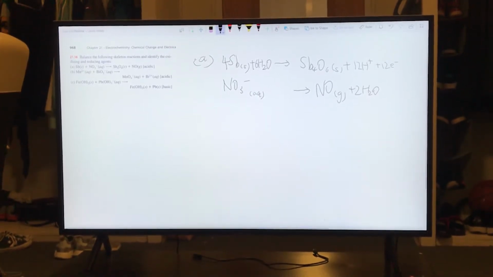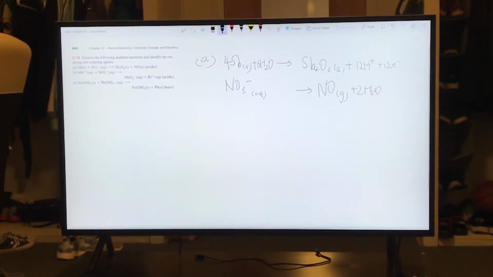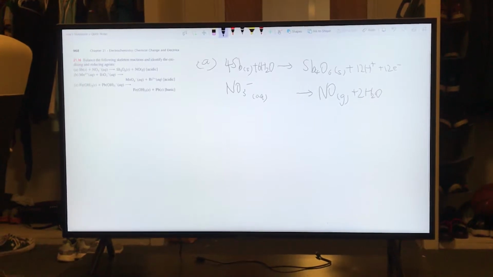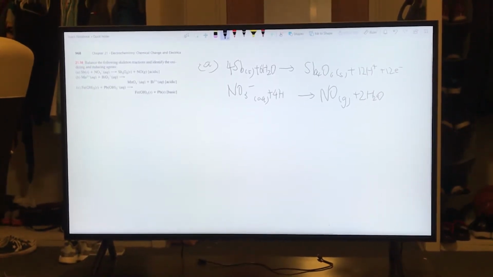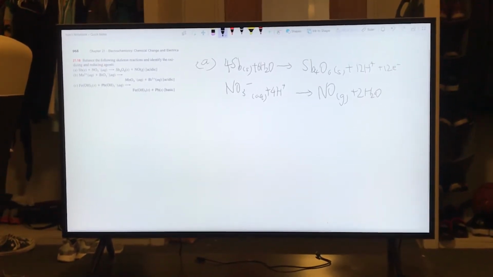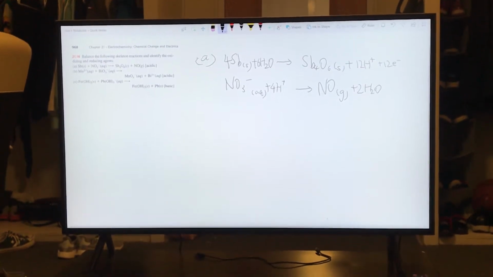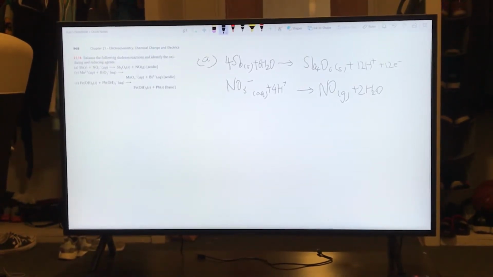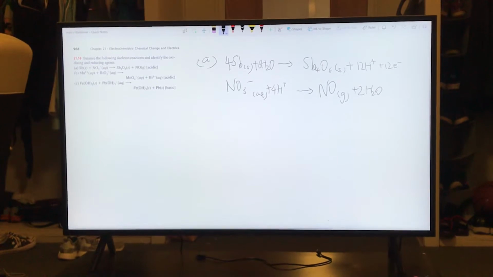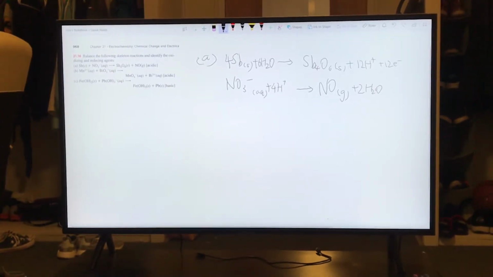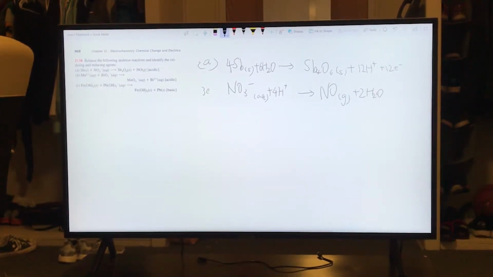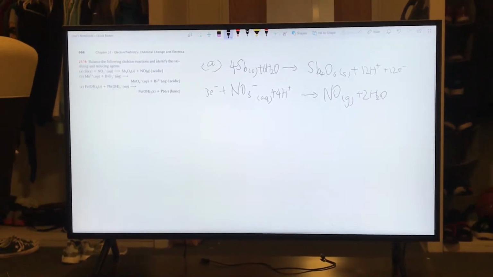However, we have 4 hydrogens on the right side, which means that we need 4 H pluses on the left side. Now the right side has a charge of 0, but the left side has a charge of minus 1 plus 4, which is 3. So we need 3 electrons on the left side.